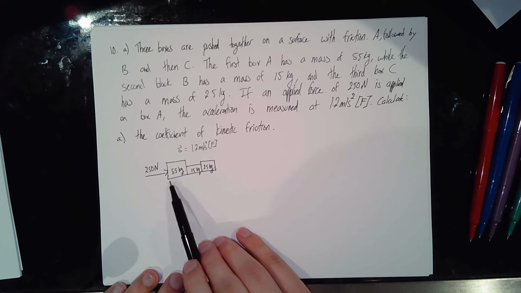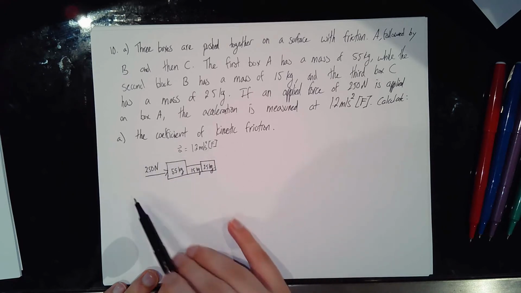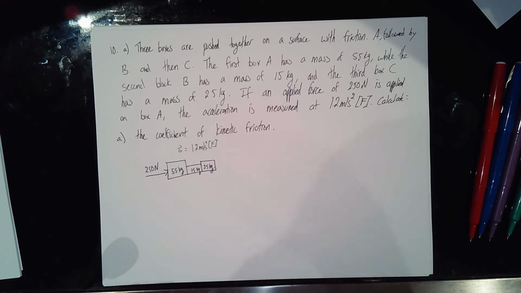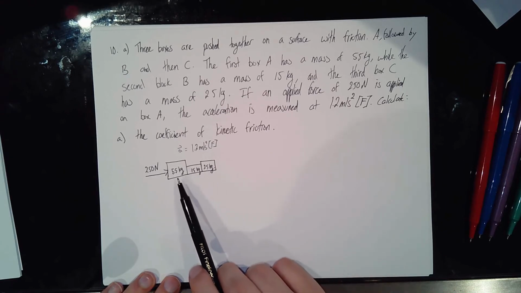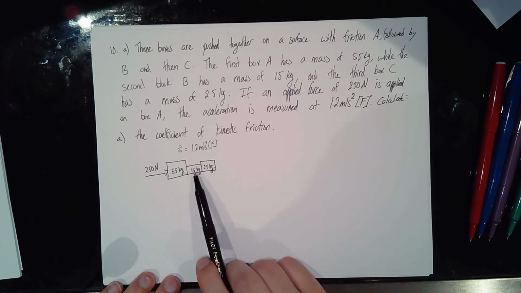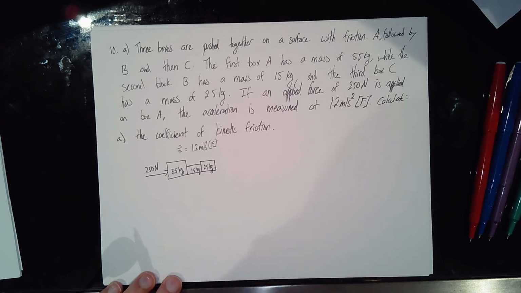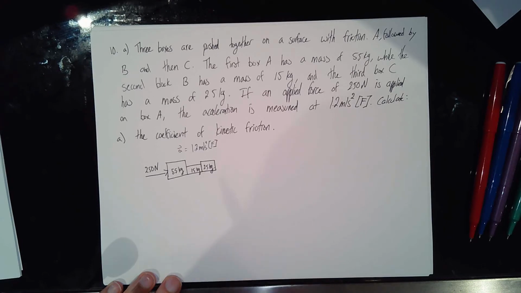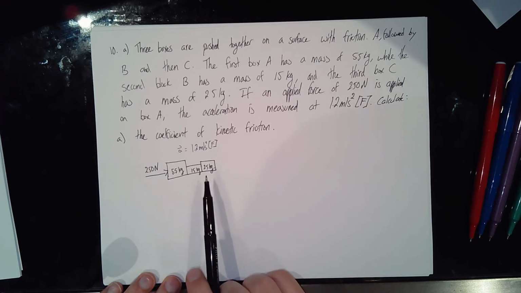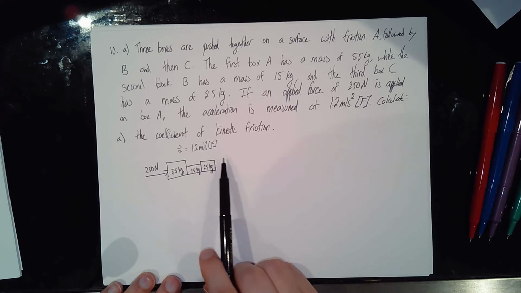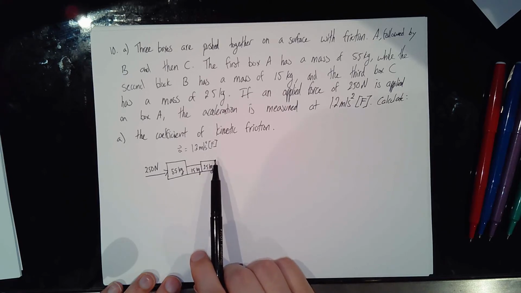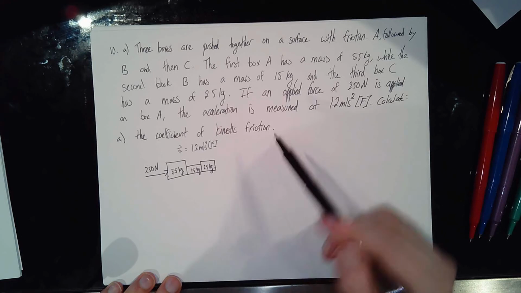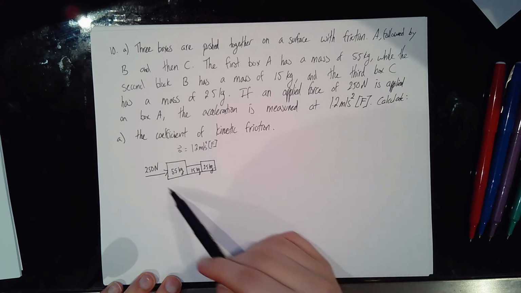And so given the information here, we have sort of two options facing us. One is to look at an individual block and see if we can calculate what the force of friction is on that block specifically, and then use that to calculate the coefficient. The other option is to consider everything together, right?